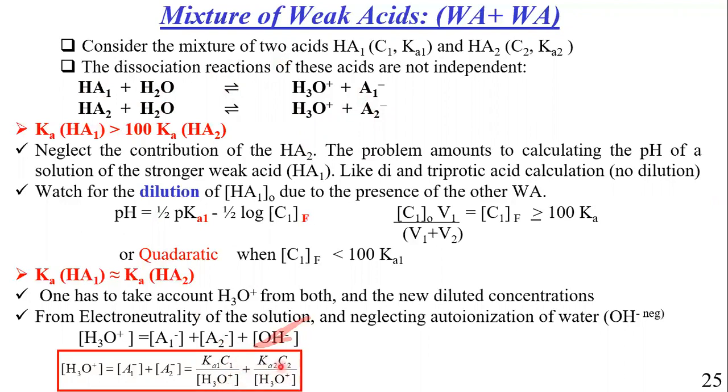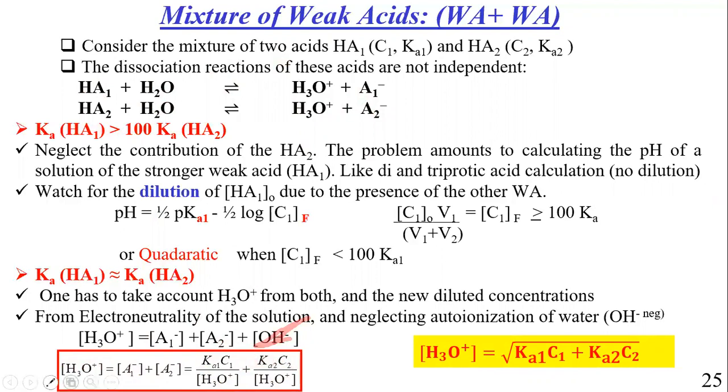And so once we substitute that back in and we solve for H3O plus, we multiply the whole equation by H3O plus, we get H3O plus squared is this expression. So H3O plus equals the square root of Ka1 C1 plus Ka2 C2.